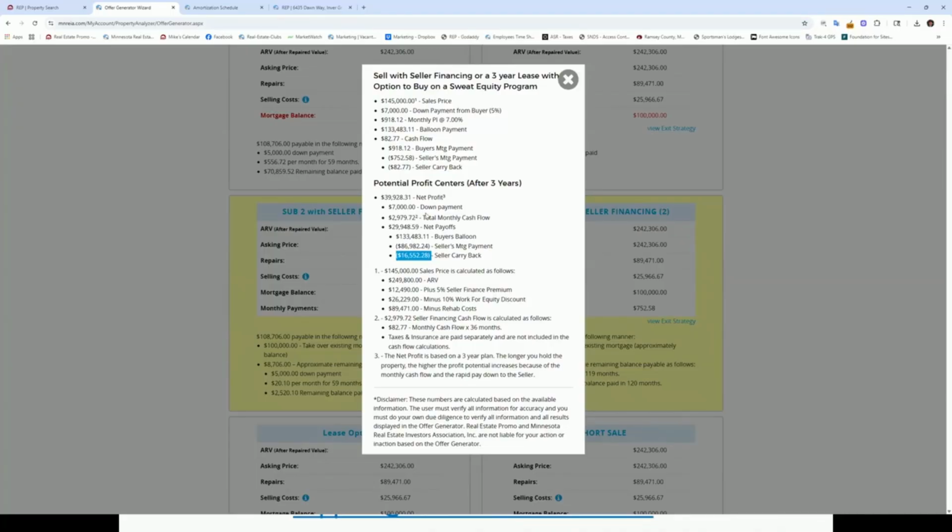Right, and that's why we're able to get a spread of $29,000 by the buyer paying us off and then us paying off our underlying loans to the seller and the seller's lender. Right. So nice to get that spread there plus our monthly cash flow, which is going to be pretty much interest. So we're collecting the interest on that.